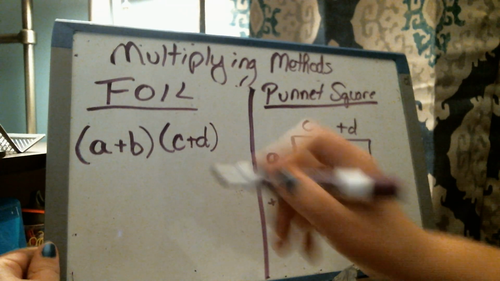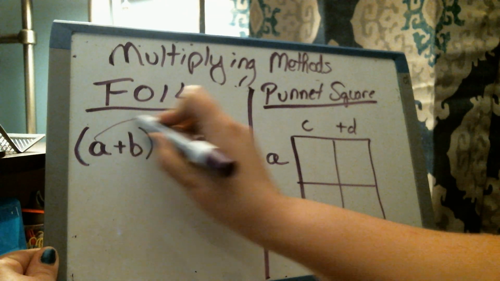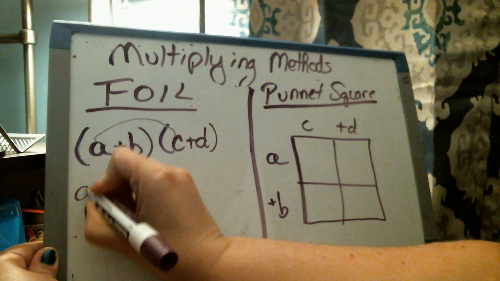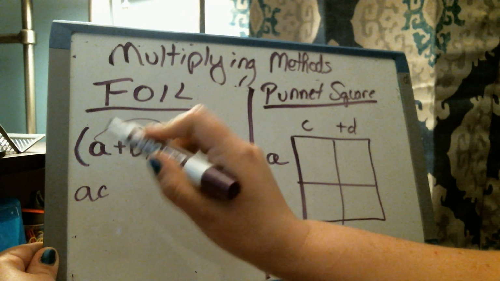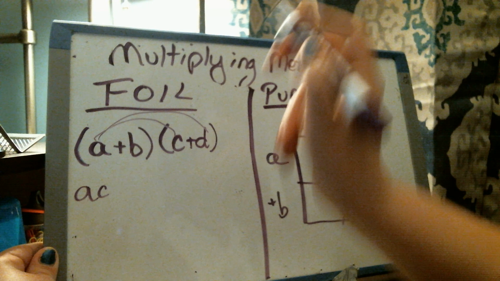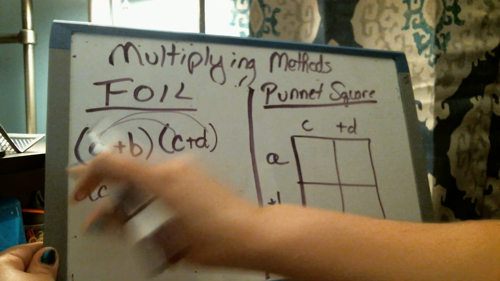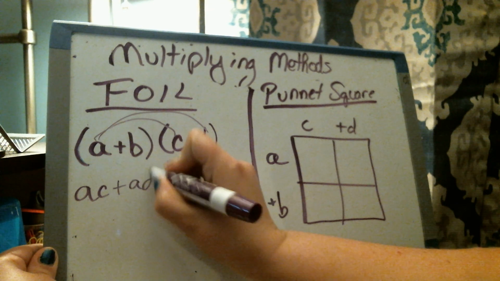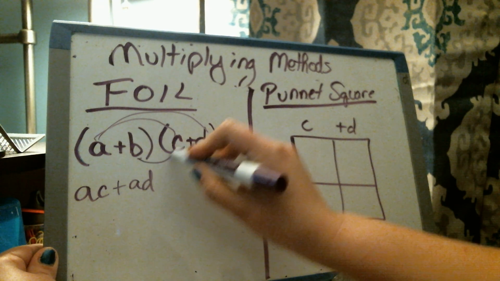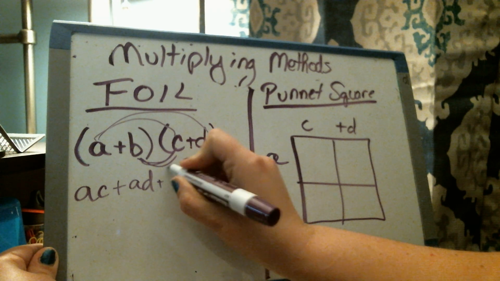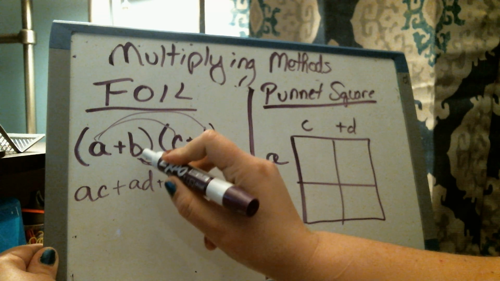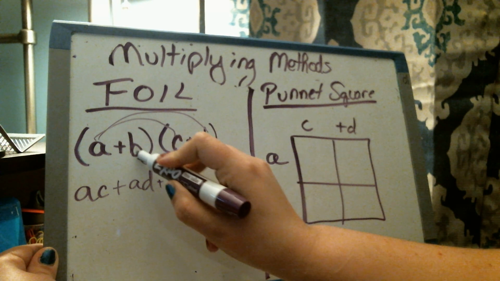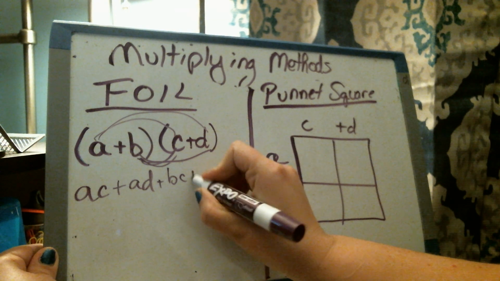And so how people do this is they multiply the two first terms, A times C, and then the outer, so the first and last, they're on the outermost parts of this. So we would add AD, and then the inner, the two that are in the middle, plus BC, and then the last term in each set of parentheses, plus BD.